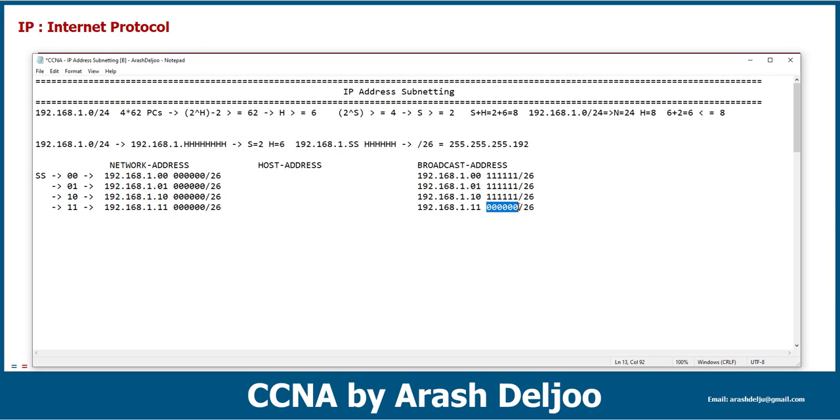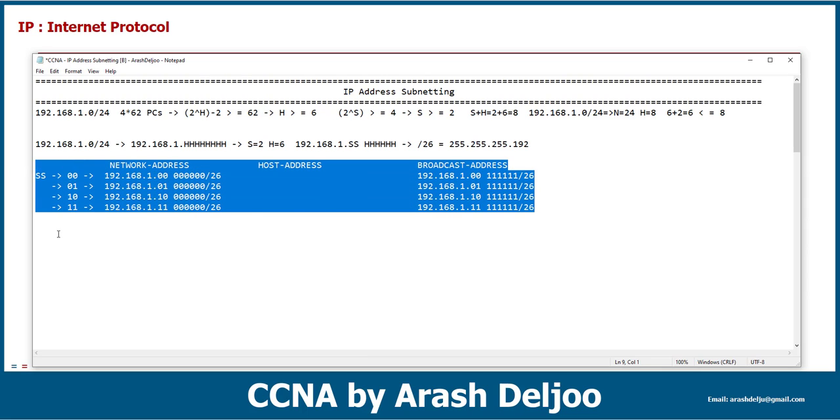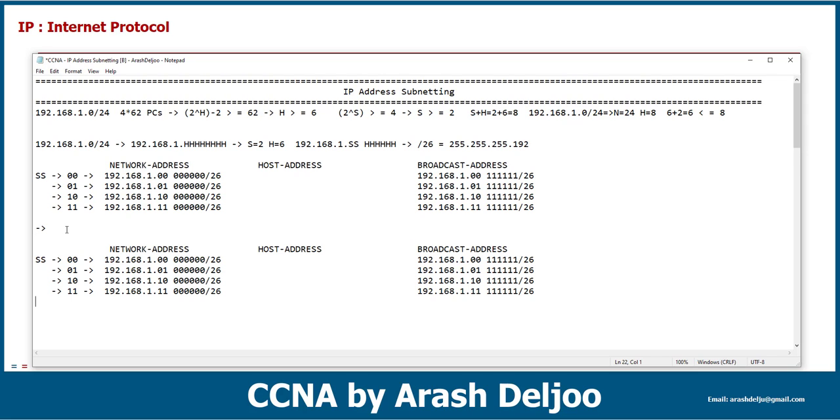192.168.1, and again here we have 111111. Okay, let me copy this design here, because I'm going to convert the binary values to decimal. You know that this is equal to 192.168.1.0/26, and this is equal to 192.168.1.64/26.